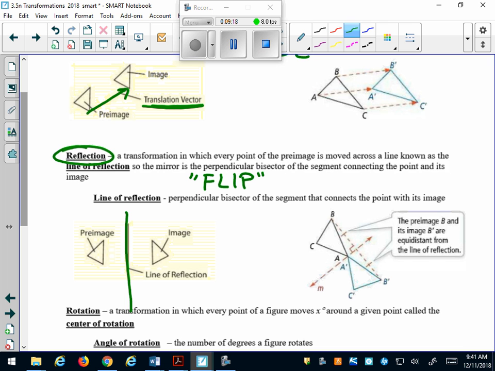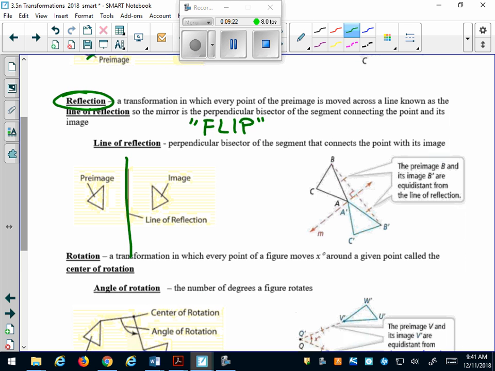Reflecting over this line. Now, notice here it says every point of the image is moved across the line. It's really moved the same distance. So notice that this is our pre-image point and this point became this point. Notice that it's the same distance, right?